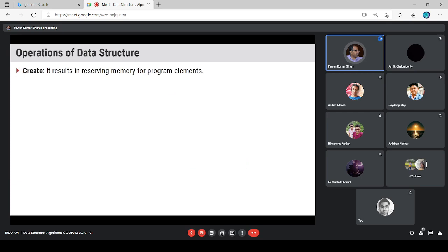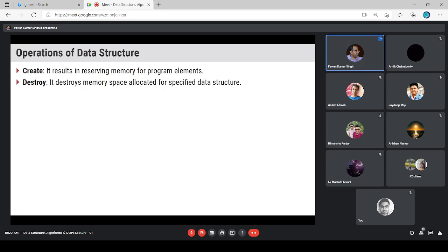Now, what are the operations which can be performed on a data structure? You can create data elements. It results in reserving memory, for which you require some memory to be reserved for the data elements.